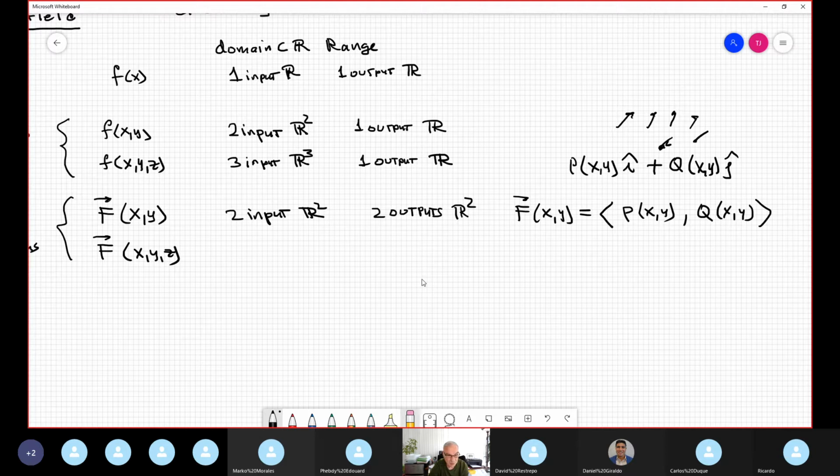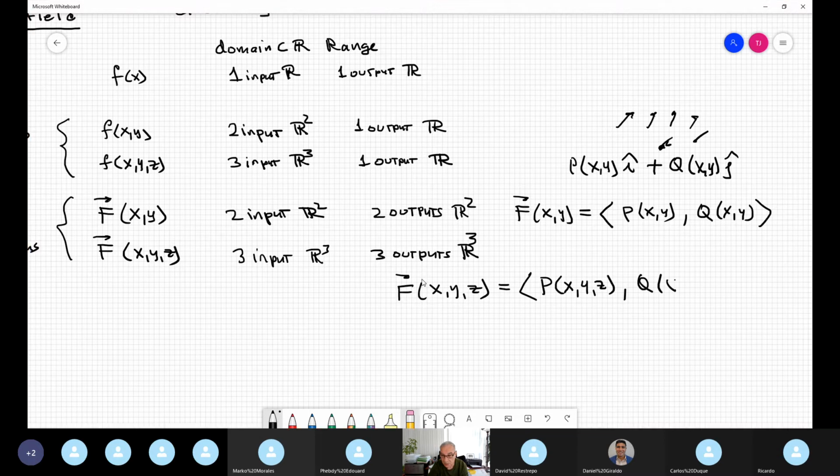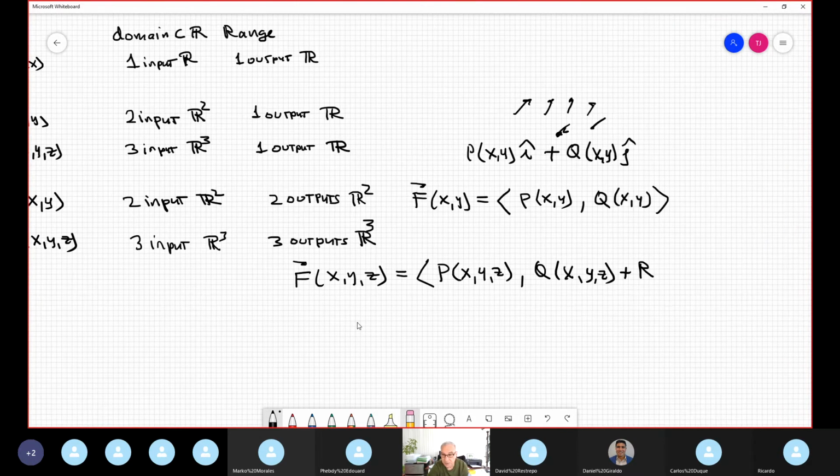Now in 3D, we have 3 inputs in R3, and 3 outputs, because in this case our family of vectors contains 3 components. So in 3D, the vector field F(x, y, z) is equal to 3 functions, and normally the letters are P(x, y, z), Q(x, y, z), R(x, y, z).